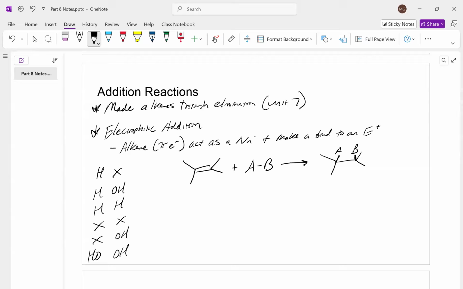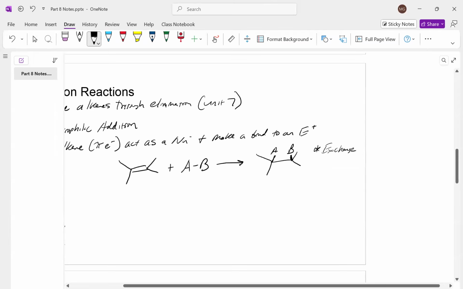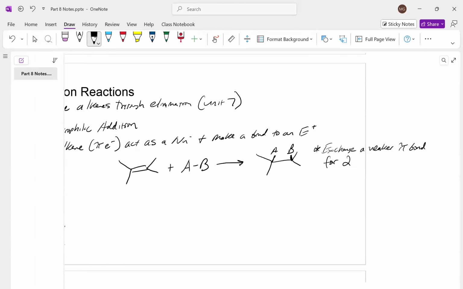But let me talk a little bit about why this reaction even happens. The driving force for this reaction is that we're exchanging a weaker pi bond for two stronger sigma bonds.